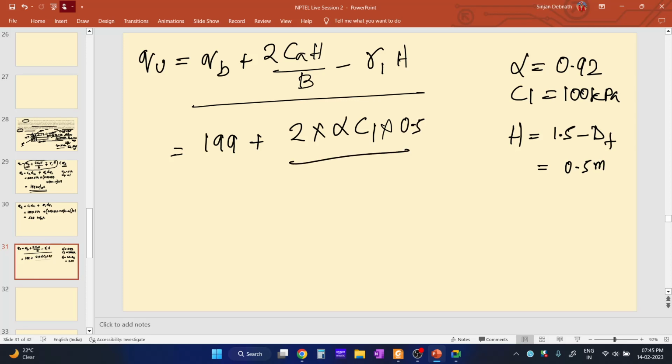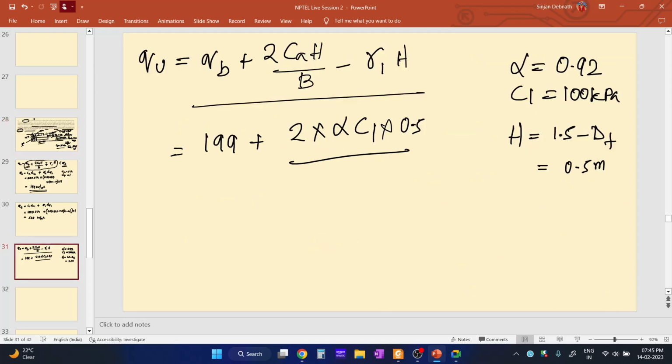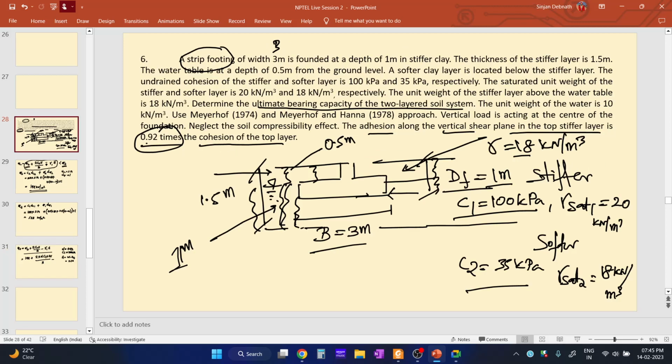And what is the breadth of the foundation? The breadth is 3 meter. So 3, minus gamma 1 into H. So what is gamma 1? This portion of the top layer is saturated, so we need to consider the saturated unit weight of this soil.